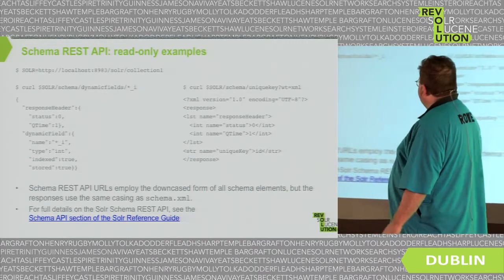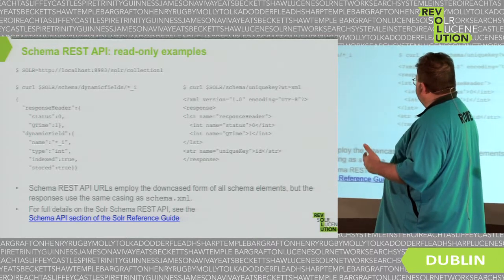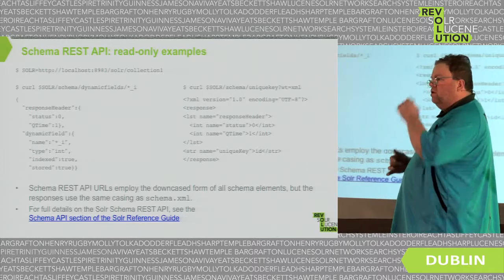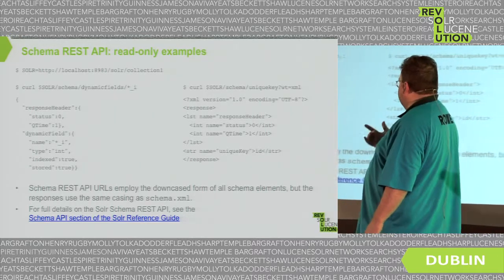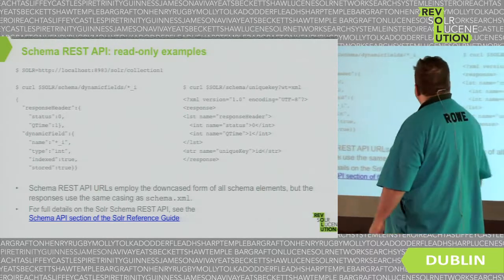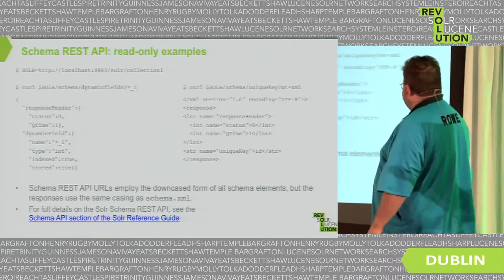I don't show it here, but there's a parameter you can specify that shows the full list of attributes that are associated with dynamic fields and fields too. This just shows the ones that are explicitly specified. So this is just XML format for unique key.